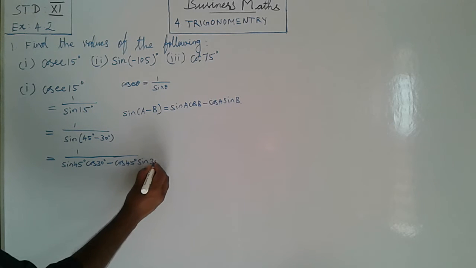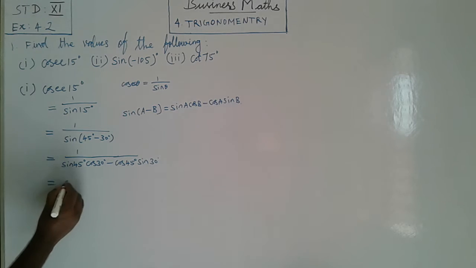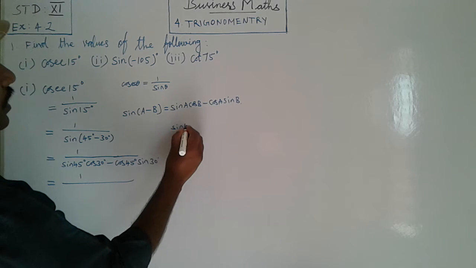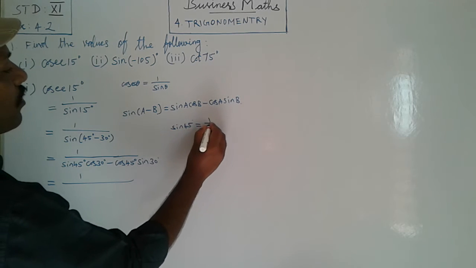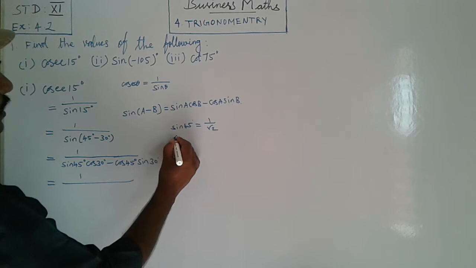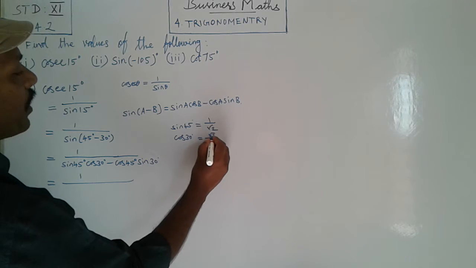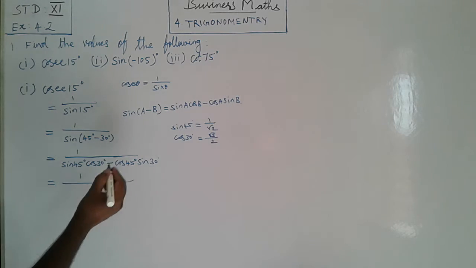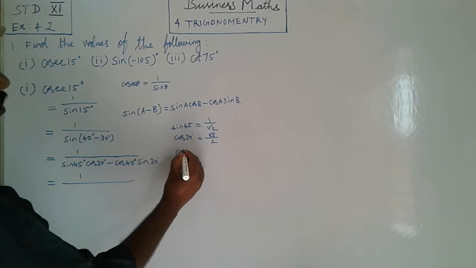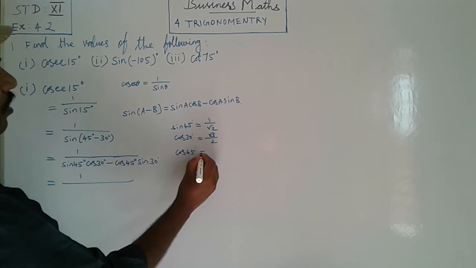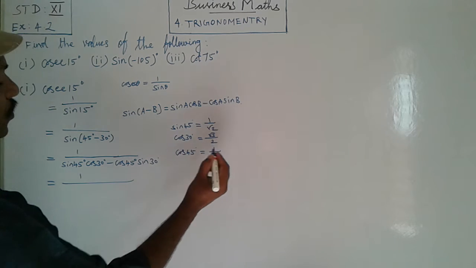We know that sin 45 degree equal to 1 divided by root 2. Next, cos 30 degree is root 3 divided by 2. Cos 45 degree is 1 divided by root 2.